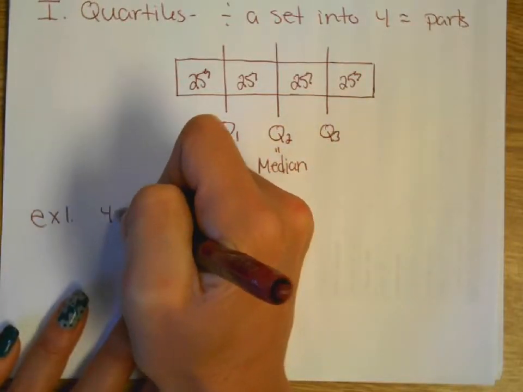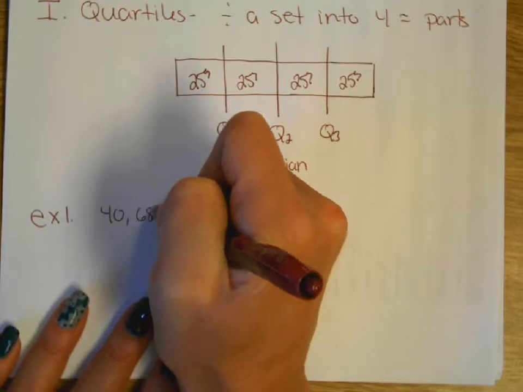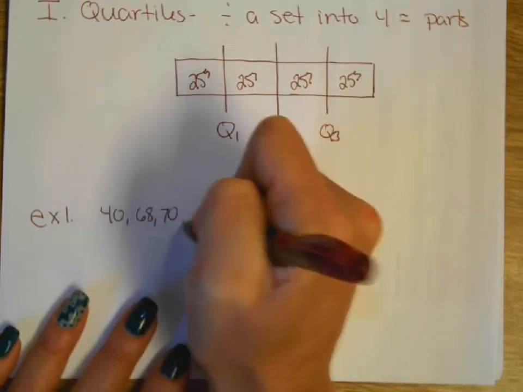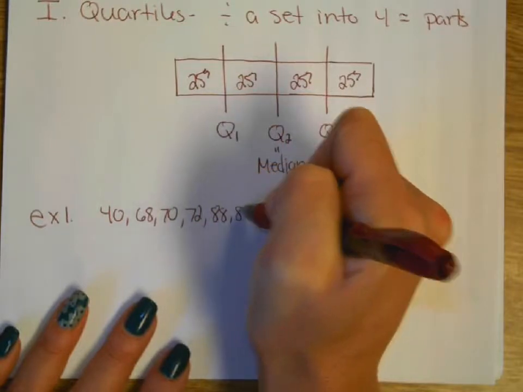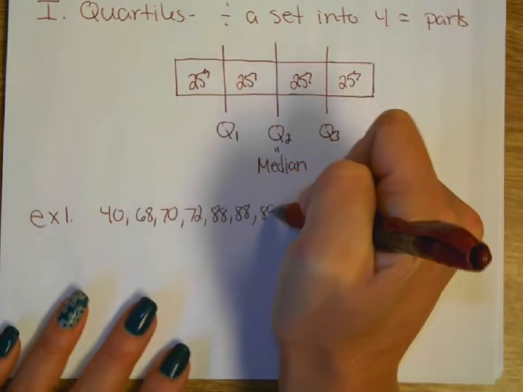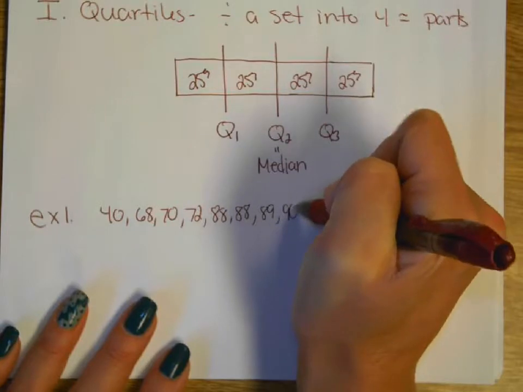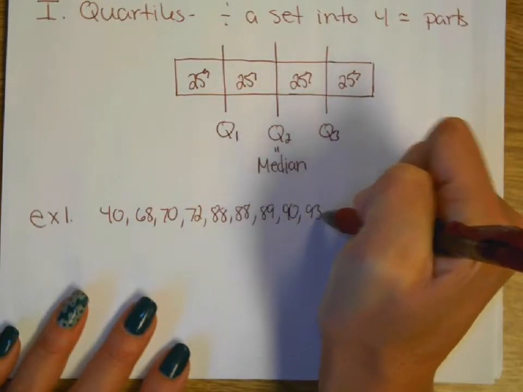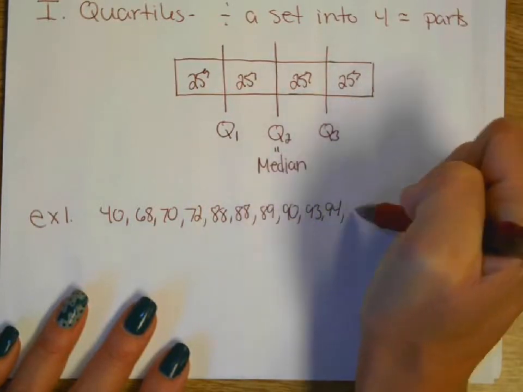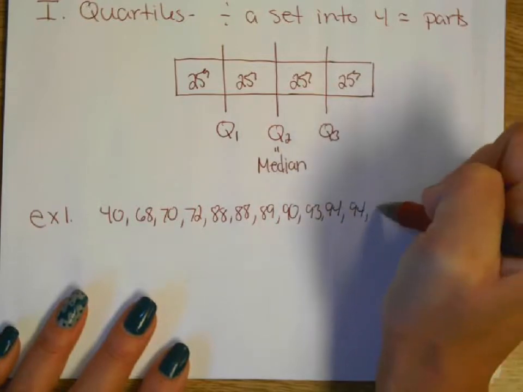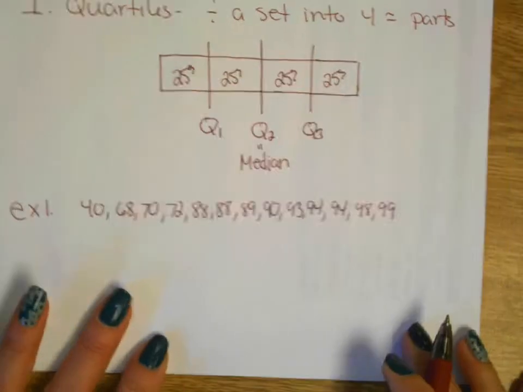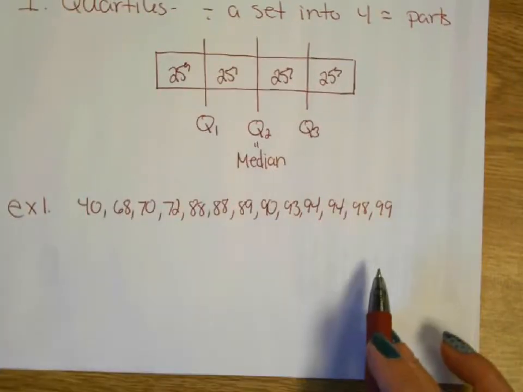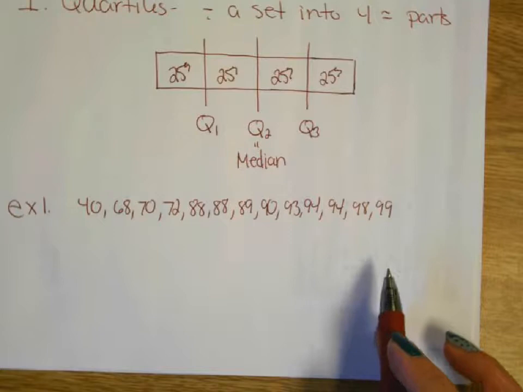Lowest score was 40%, 68, 70, 72, 88, 88, 89, 90, 93, 94, 94, 98, 99.